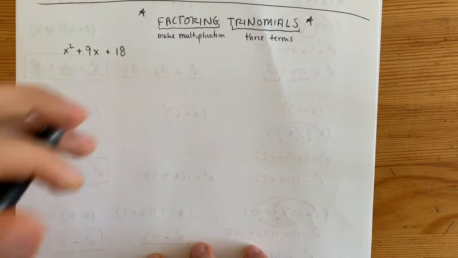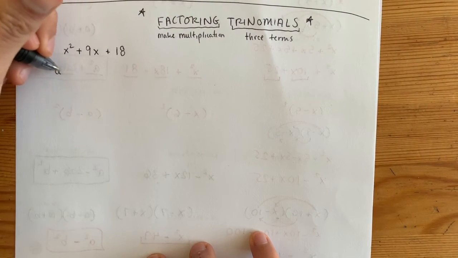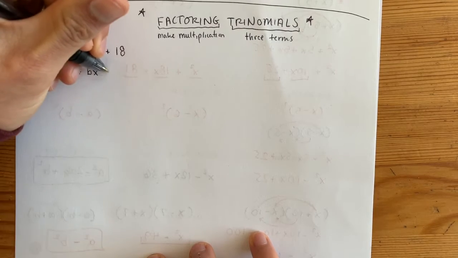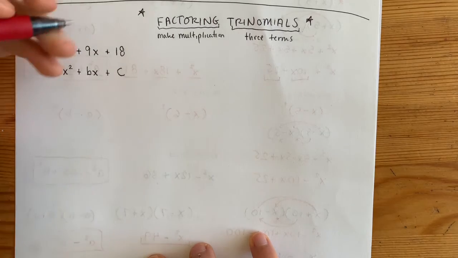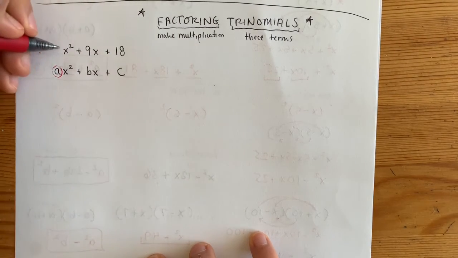The structure of a trinomial in general would look like this: ax squared plus bx plus c. So in this particular example, the a is the number in front of the x squared, which we're working with an imaginary 1 right here.